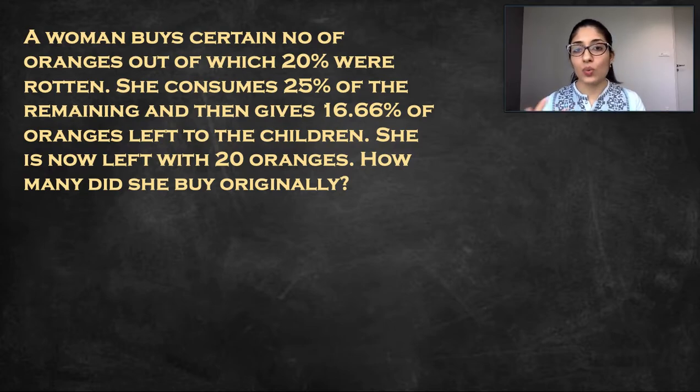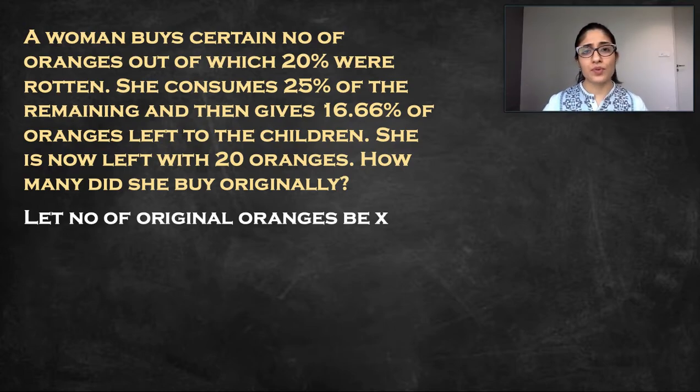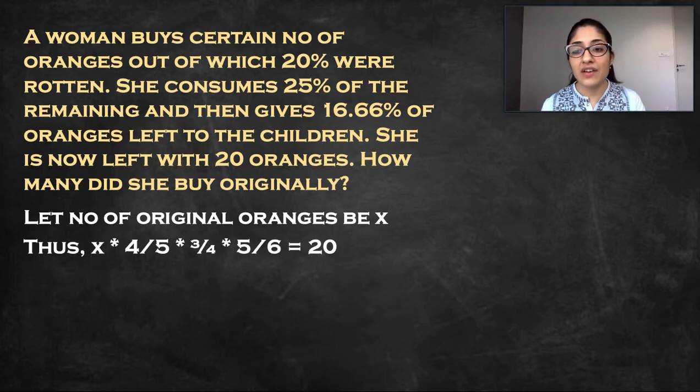Now let's see how we can do this. Here it also has a good application of fractions and percentages. Let's say the original number of oranges was X. Now out of X, 20% were rotten. So I can say 1/5 were rotten, which means I will be left with 4/5. Now out of these, she consumed 25%, which means she consumed 1/4. So left was 3/4.